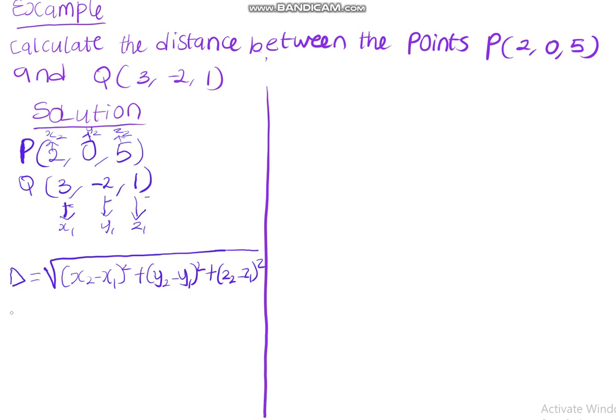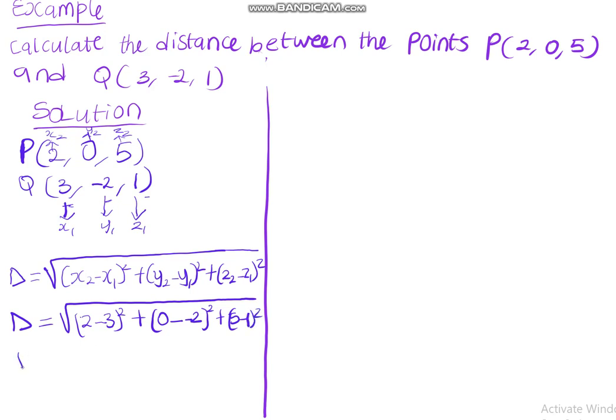Now plugging the values into this formula, we have that x2 is 2 minus 3 squared plus y2 is 0 minus y1 is -2, so you have double minus, squared, plus z2 is 5 minus z1 is 1 squared.